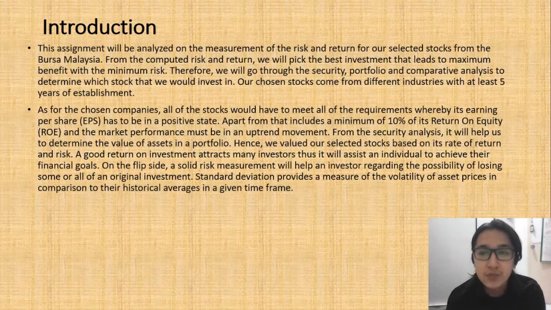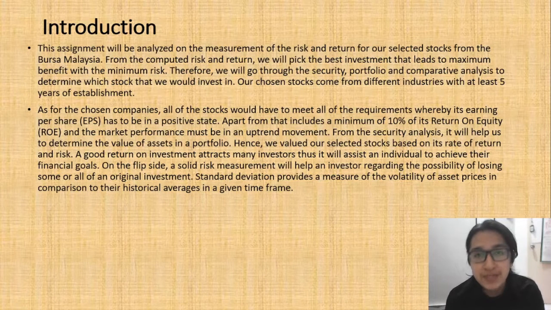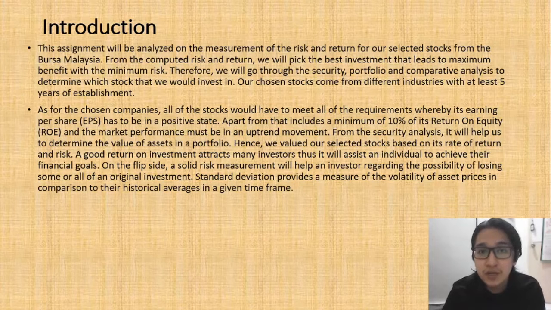So why do we want this positive state? Because with a higher or positive EPS, we would know that the company would be able to generate a profit for its shareholders. So that is why it is important to have a positive EPS and also a positive return on equity.